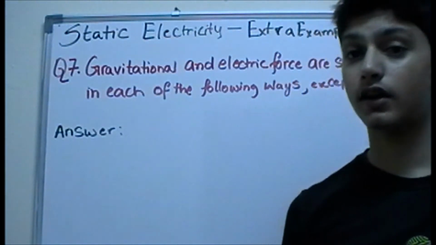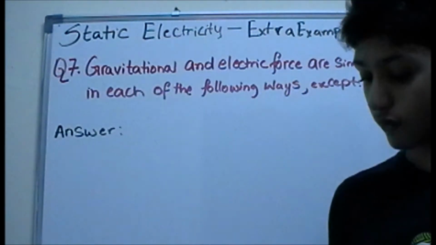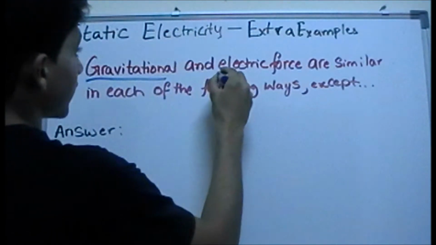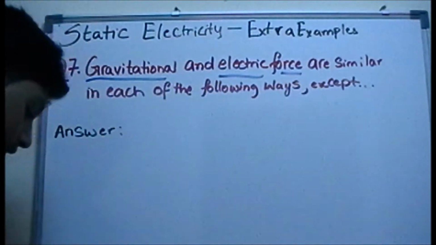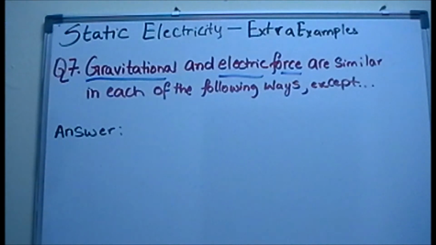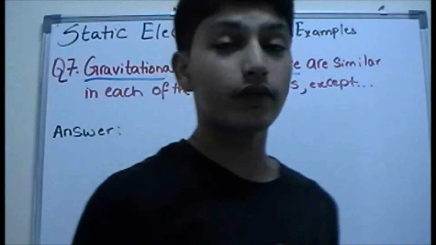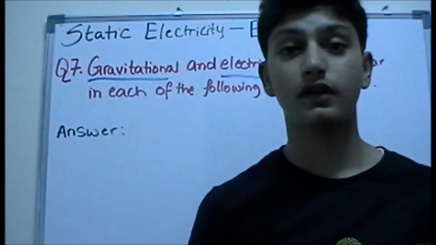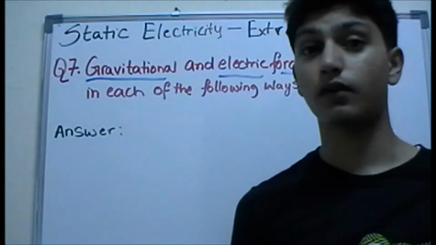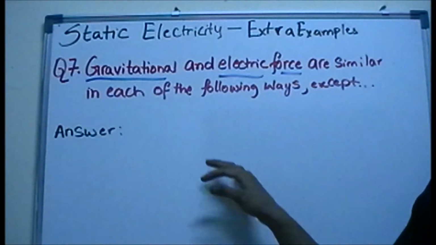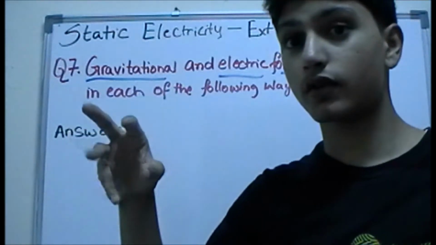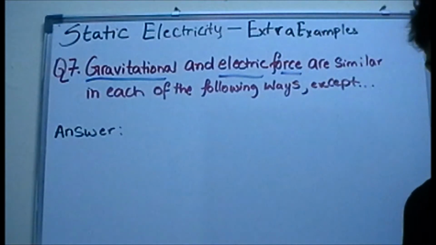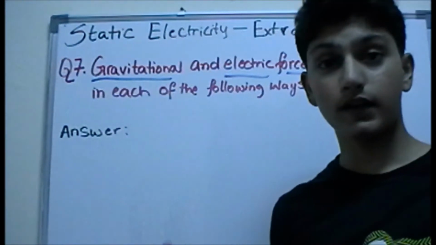The first similarity is that gravitational force and electric force both act over some distance. Both involve an inverse square relationship that we taught in static electricity, so I don't want to go into it.